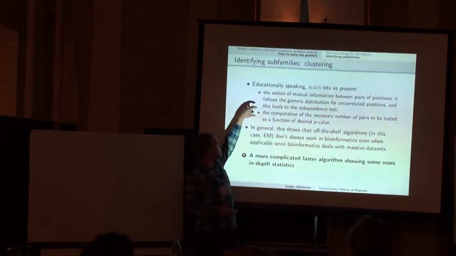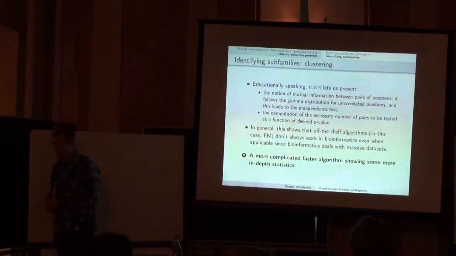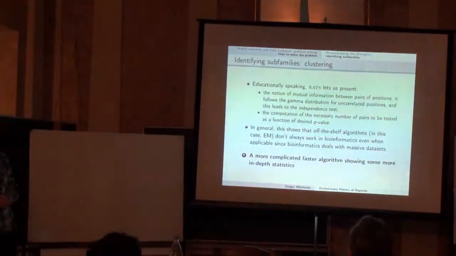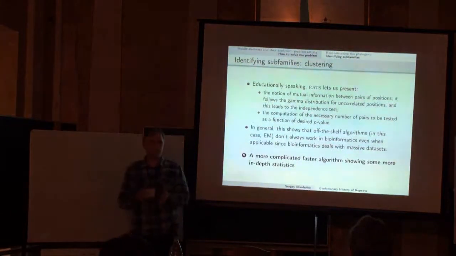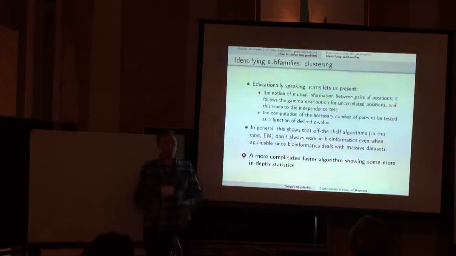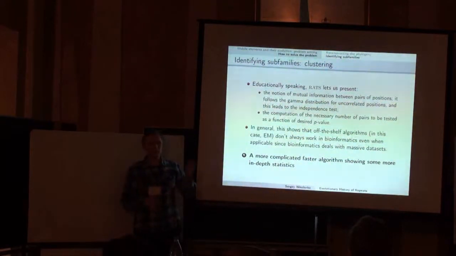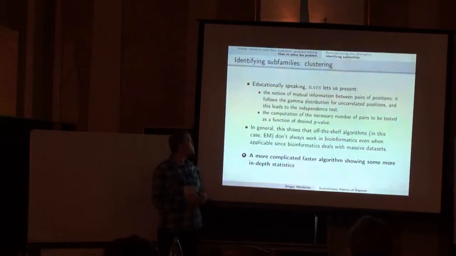And the second point here is, again, another application of statistical testing: we need to somehow estimate the number of pairs that we need to test in order to have a very small chance of missing a correlated pair.